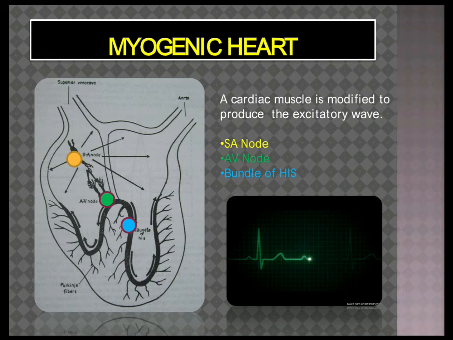So if you have the sinoatrial node over here and it is making the impulse, what do you think? The right auricle will contract slightly earlier than the whole of the heart, because the origin of the impulse is in the right auricle. It is by the sinoatrial node. So when the impulse goes from the sinoatrial node to the left auricle, then this left auricle will contract.